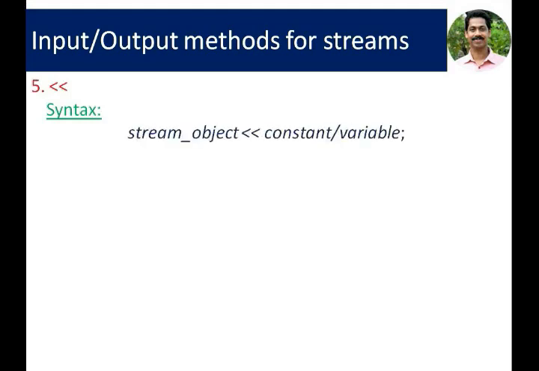This is the << operator: stream object << constant or variable. This is similar to cout, stream object << constant or variable, so that the value will be written into the object.